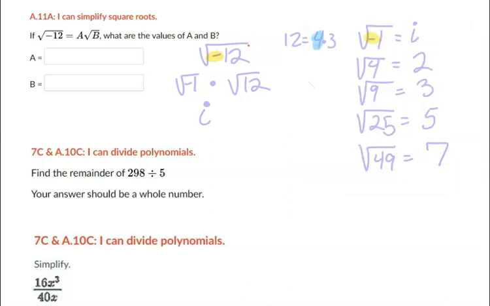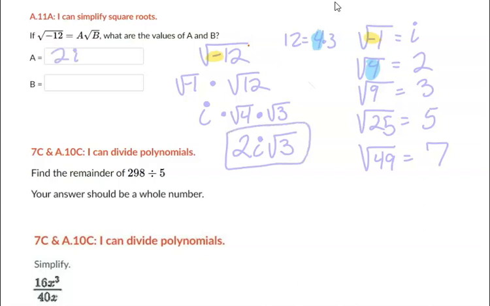So we could factor out a 4. That's one of our perfect squares. So the square root of 12 is the same thing as the square root of 4 times the square root of 3. The square root of 4 is really 2, and so we have our answer. 2i square root 3, where a is 2i and b is 3.